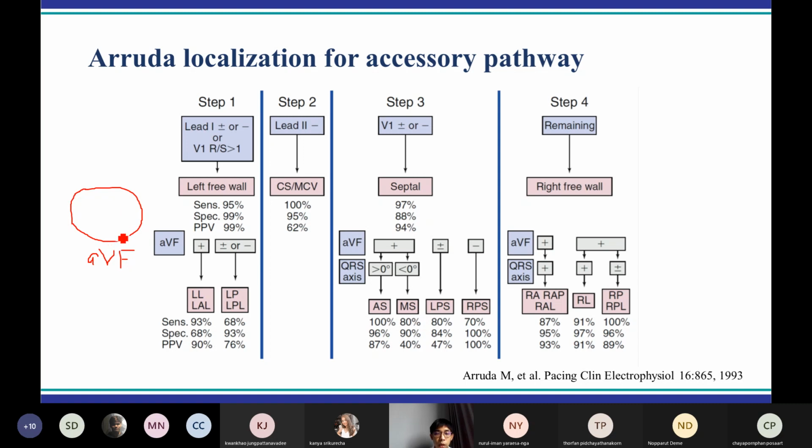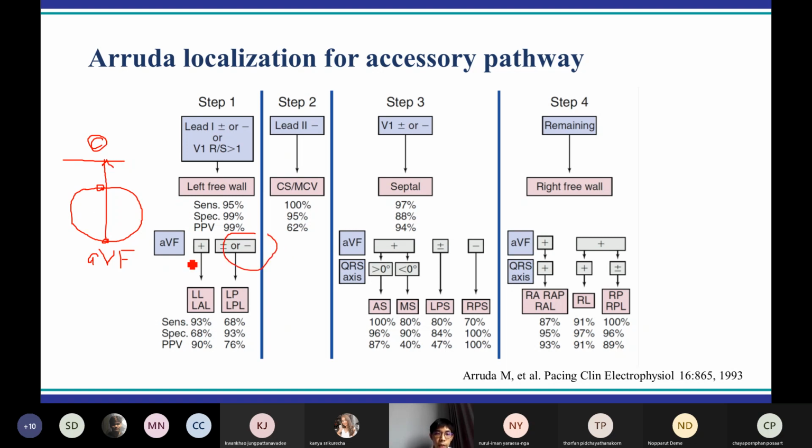If the signals come from the posterior part, this one is posterior, this one is anterior. If the signal comes from the posterior part to the ECG, here is the surface ECG, the signal would go out from the AVF into the surface ECG, which would result in a negative AVF.